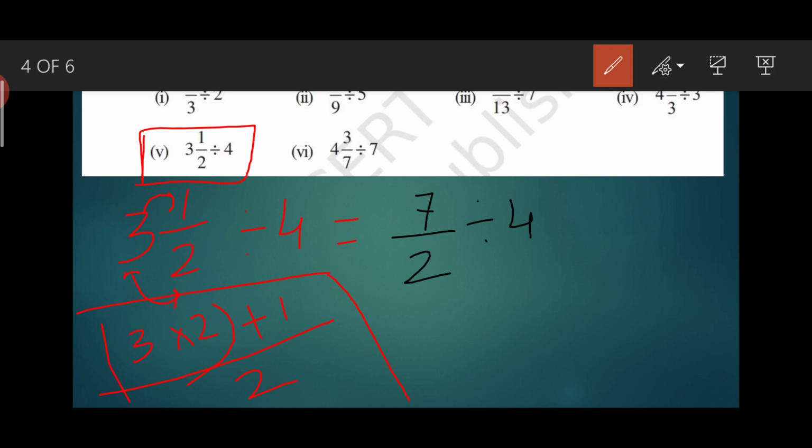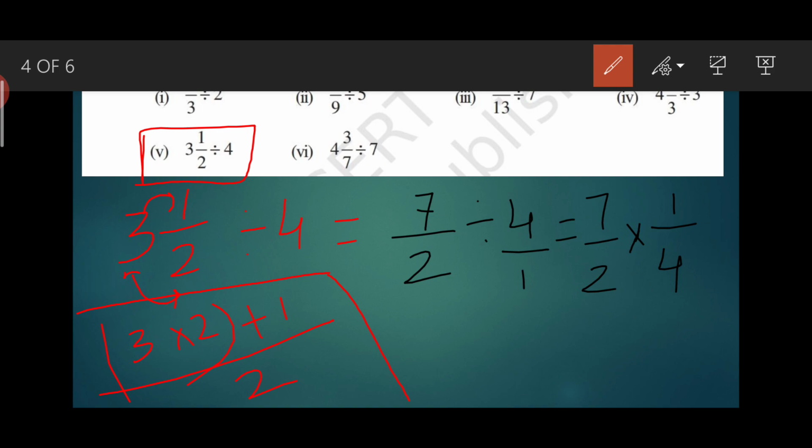Now what you have to do? Now you have to replace the division sign by multiplication, and you have to take the reciprocal of 4. If 4 is given, that means it is 4 upon 1, so its reciprocal will be 1 upon 4. Okay, now what you have to do?